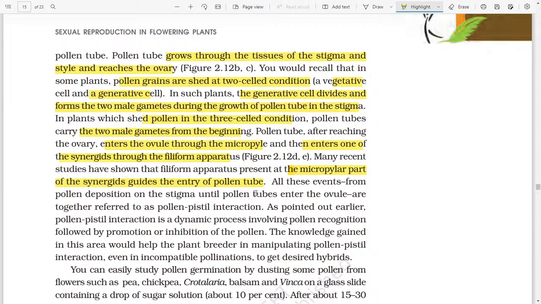The knowledge gained in this area would help plant breeders in manipulating pollen-pistil interaction, even in incompatible pollination, to get the desired hybrid.